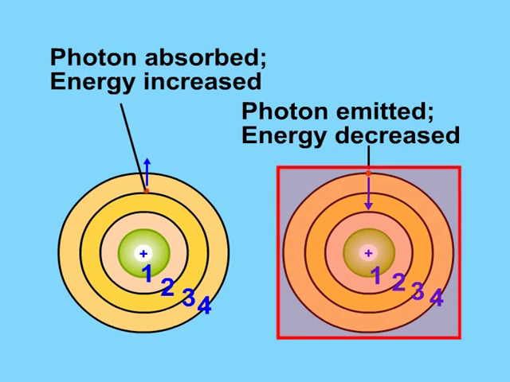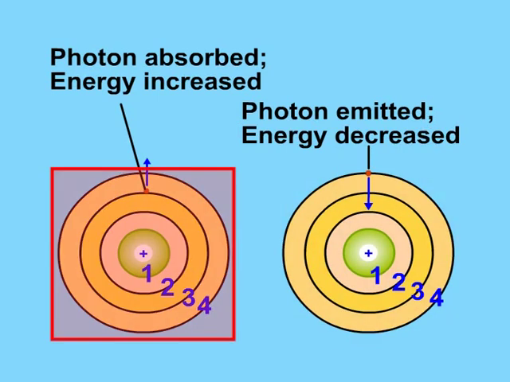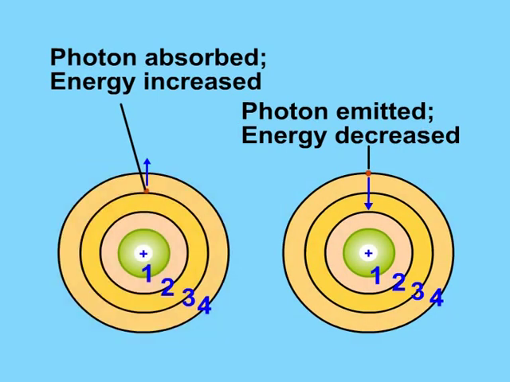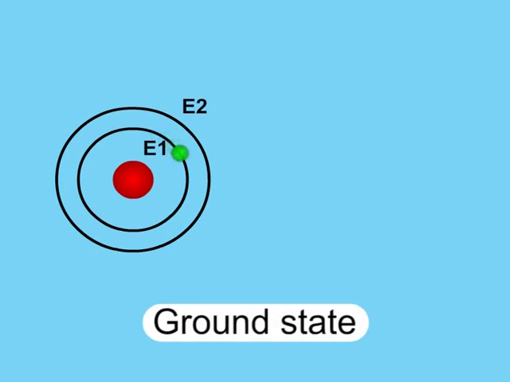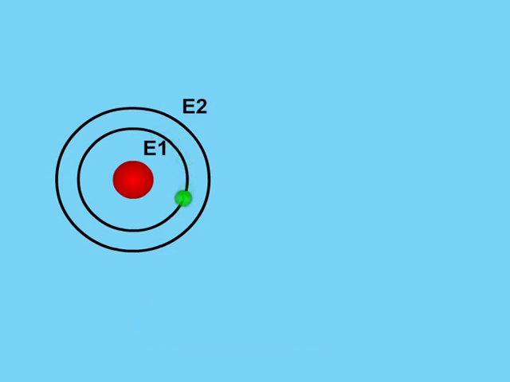Emission of energy and absorption of energy is also shown here. Electron is said to be in the ground state when it remains present in lowest energy level. What happens when an electron absorbs one quantum or one photon of energy?